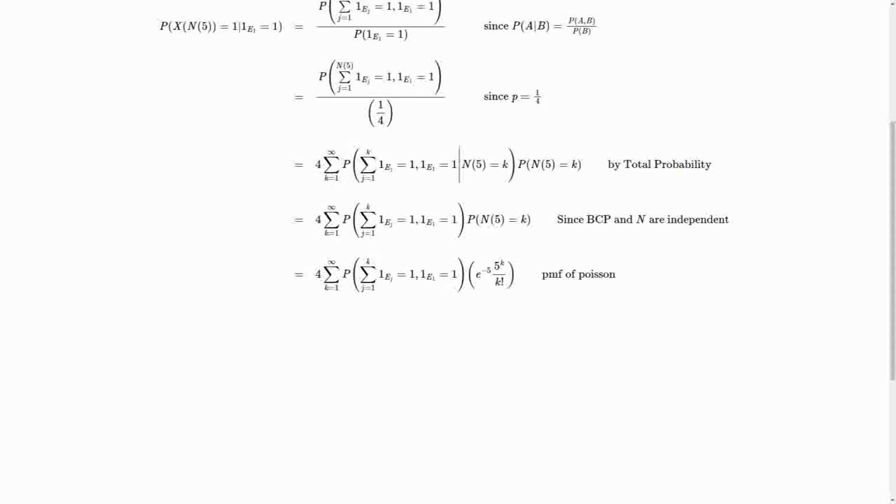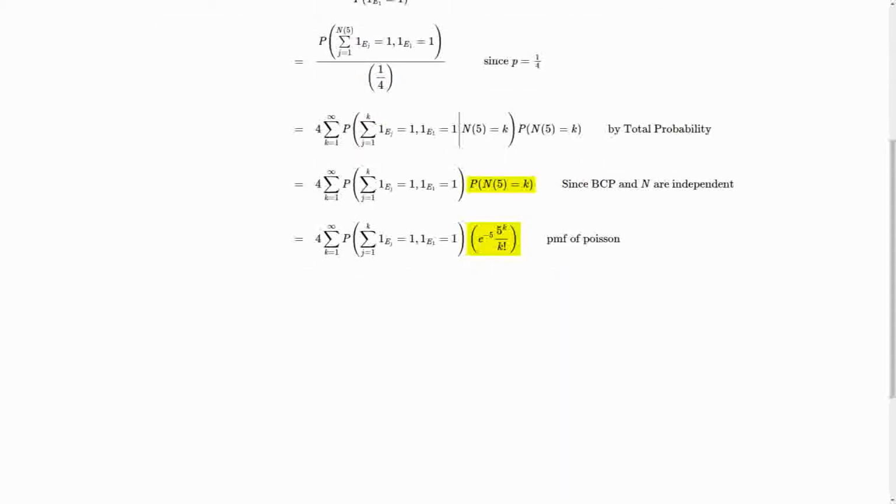So we can leave the summation over k alone, we can leave the 4 alone, and we can substitute in the probability that N_5 is equal to k, which is just the probability mass function for a Poisson where mu is equal to lambda times 5, which is equal to 5. And so that would give us e to the minus 5, times 5 to the k over k factorial.